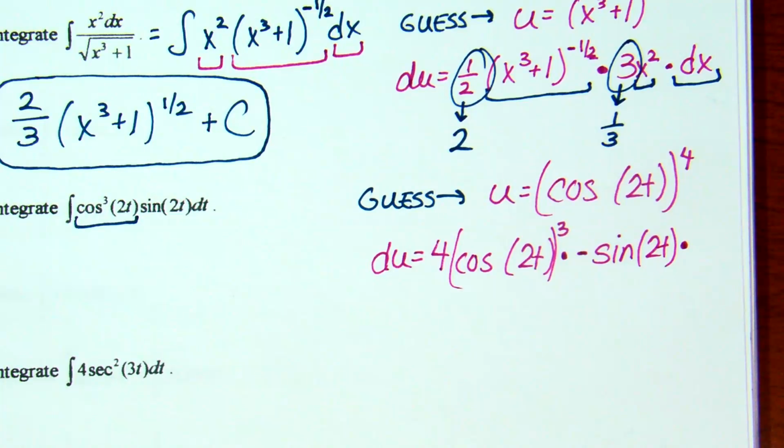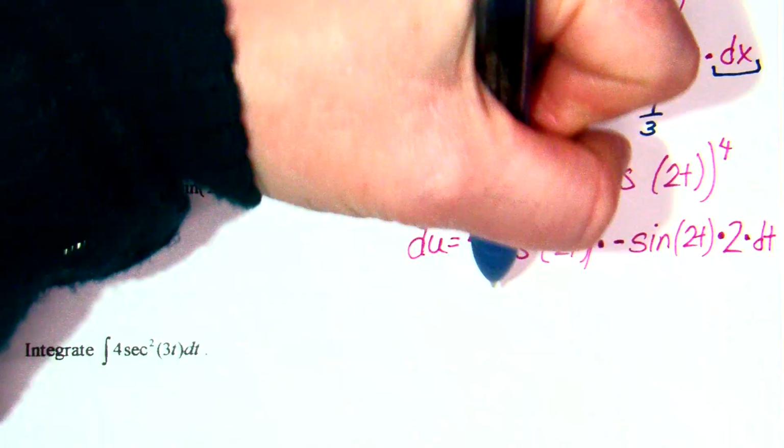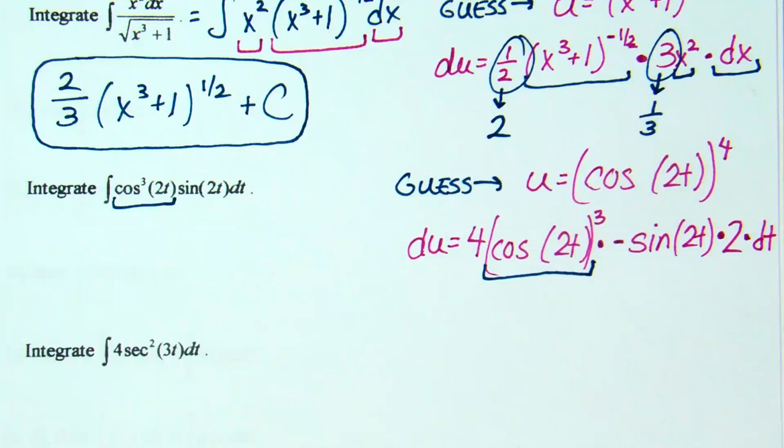So what's the derivative of 2t? 2. And then dt. Okay. What matches? Cosine 2t cubed matches. Sine 2t and dt.